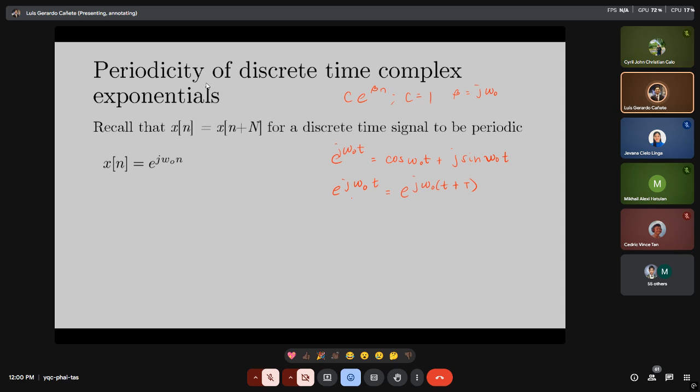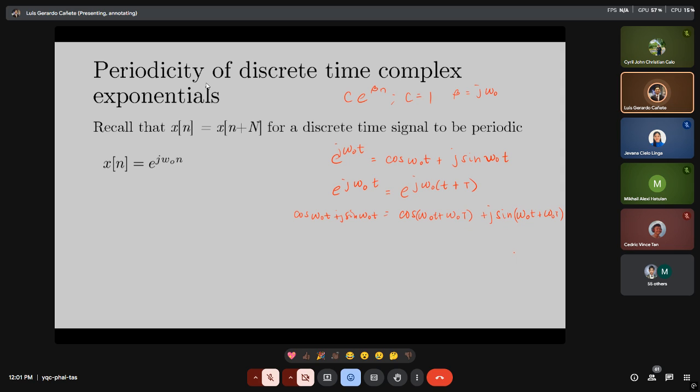If this is going to be something like cosine omega o of t plus j sine omega o of t, then the right-hand side, by extension, is supposed to be cosine of omega o times t plus omega o times tau, and then this is going to have some sine of omega o times t plus omega o times tau, right? So you can always write it this way.